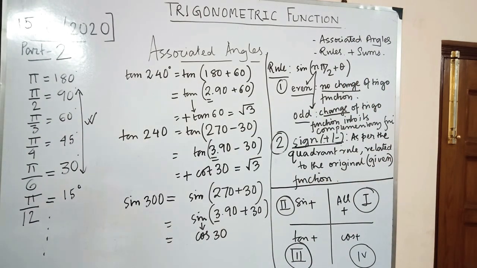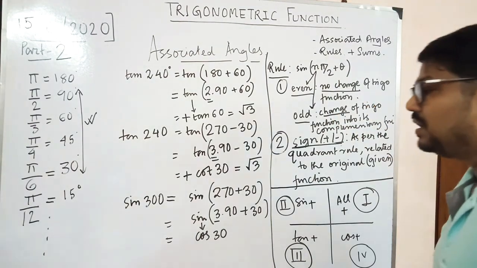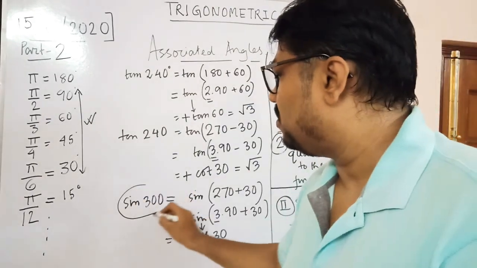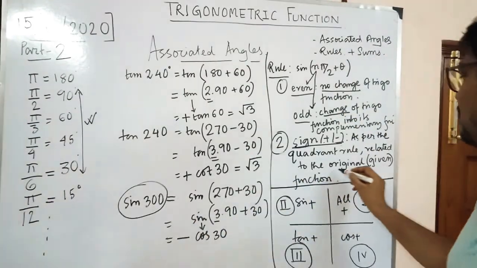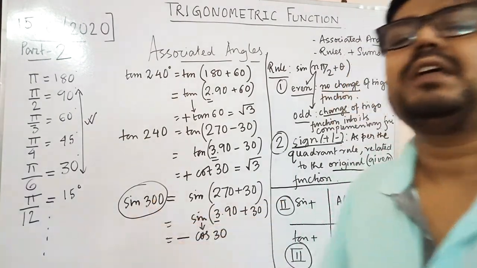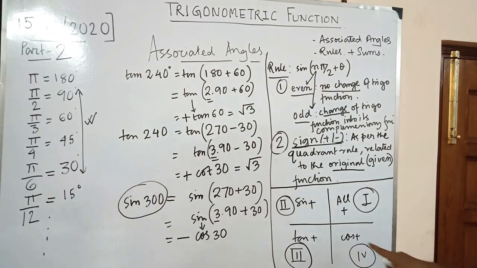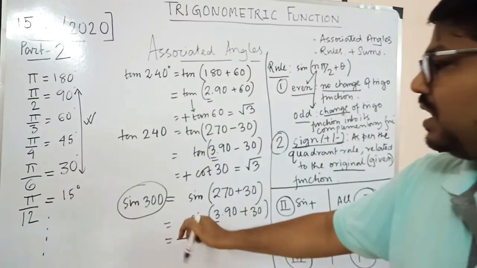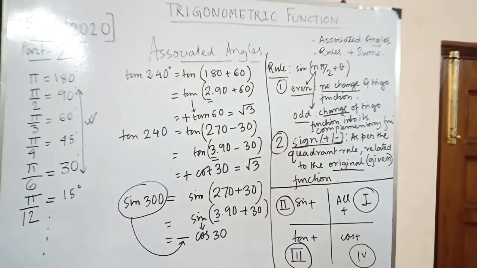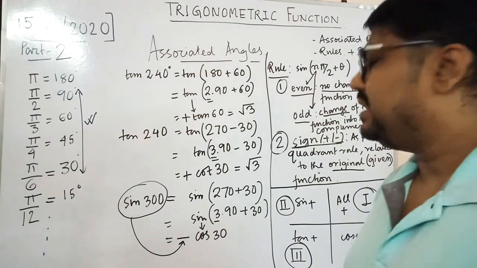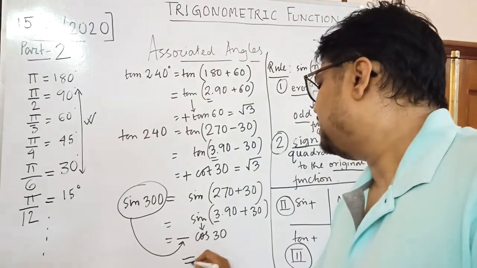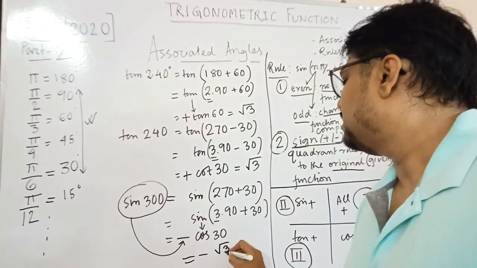Are we going to write a positive or a negative sign over here? The answer is we are going to write a negative sign, because we have to consider the original function. Always remember, sine is negative in the fourth quadrant. So you have to put minus; this sign is related to the quadrant and the original function. So minus cos 30. The answer will be minus root 3 by 2.